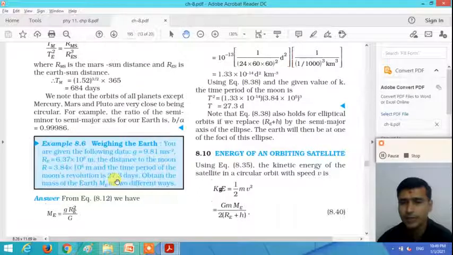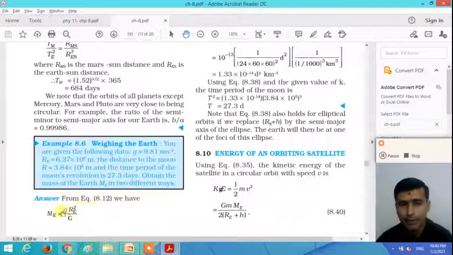So here we can calculate the mass of the Earth in two different ways: by the formula of acceleration due to gravity and by the formula of the periodic time of the moon's revolution.